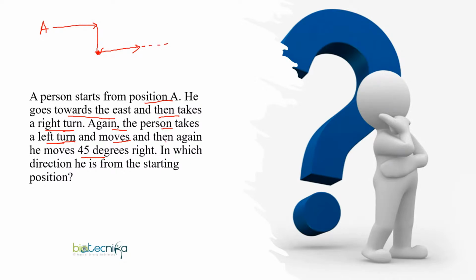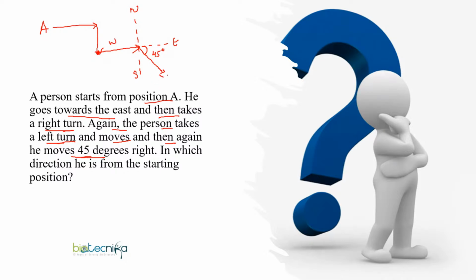And then he moves 45-degree right. That means from here, he is making an angle of 45-degree. So this is 45-degree. Here if I divide it, this is north, this is south, this is east, this is west.